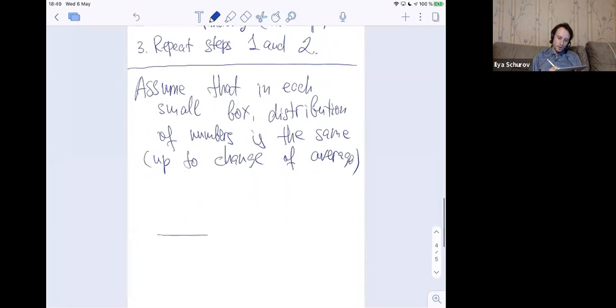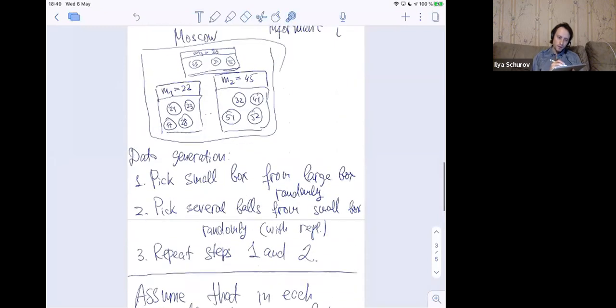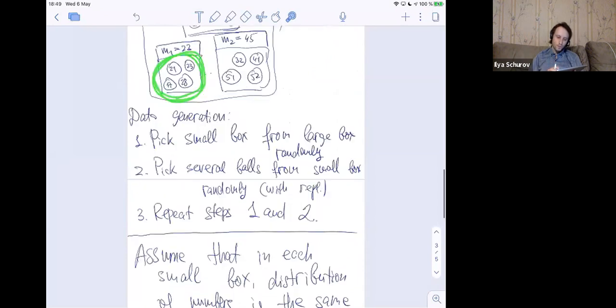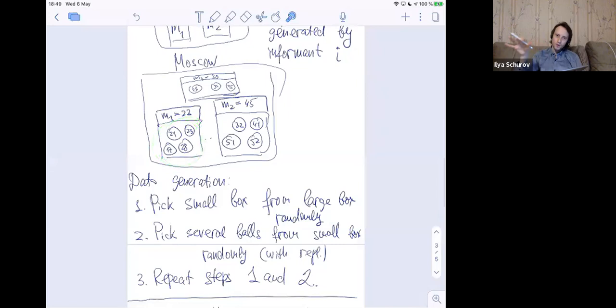I mean that if I have this smaller box, I can consider the distribution of numbers in this box. For example, I can draw a histogram of these numbers, and I assume that these histograms look very similar to each other. They are different in their mean value, but in other aspects, they are just shifted versions of one distribution.